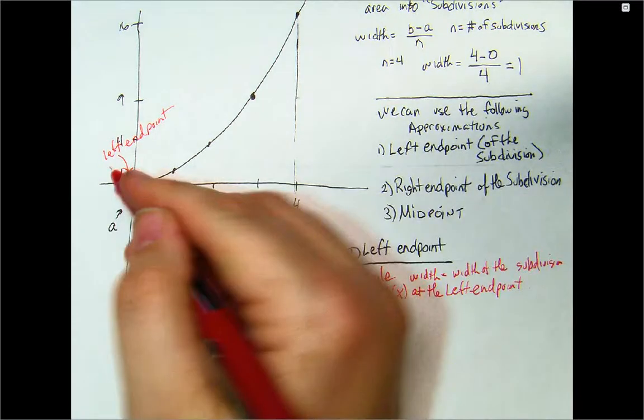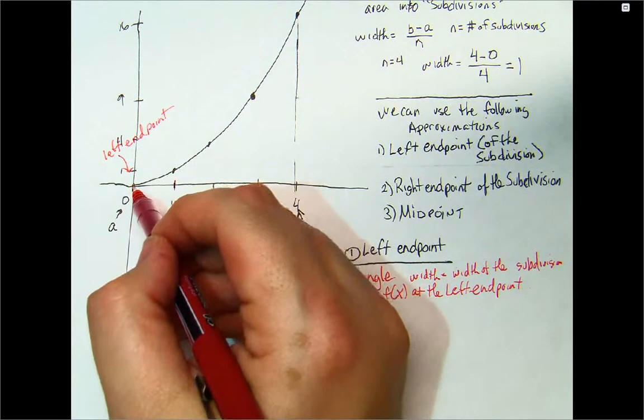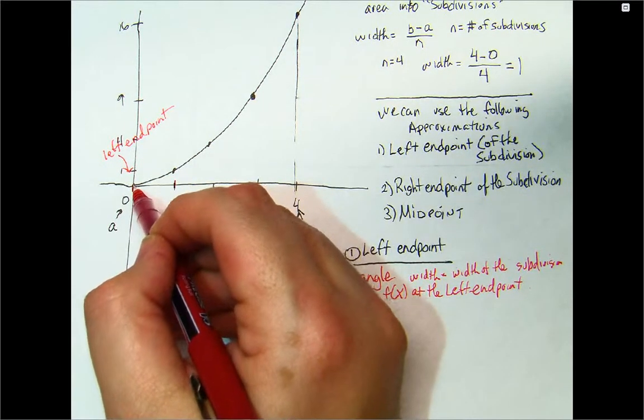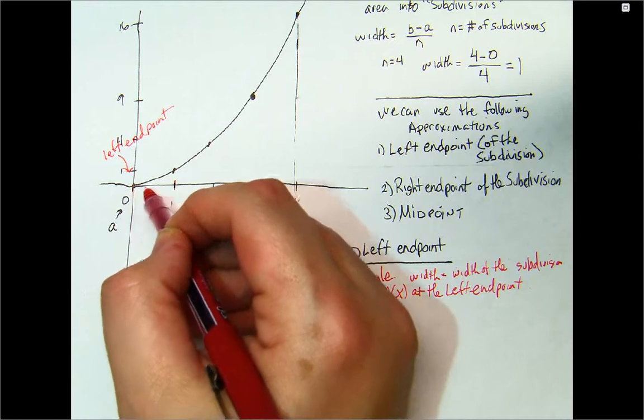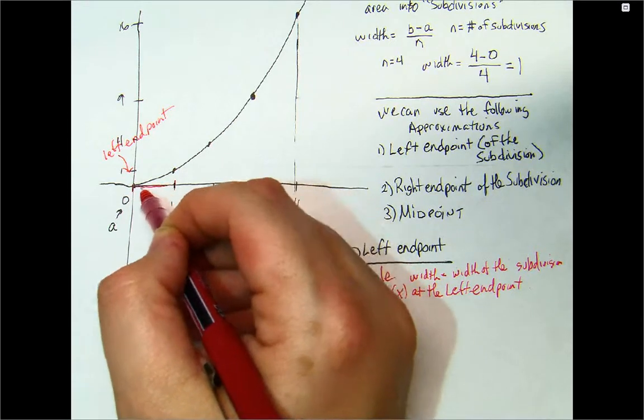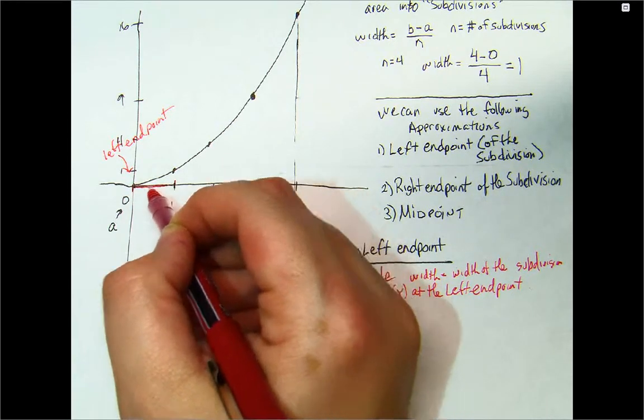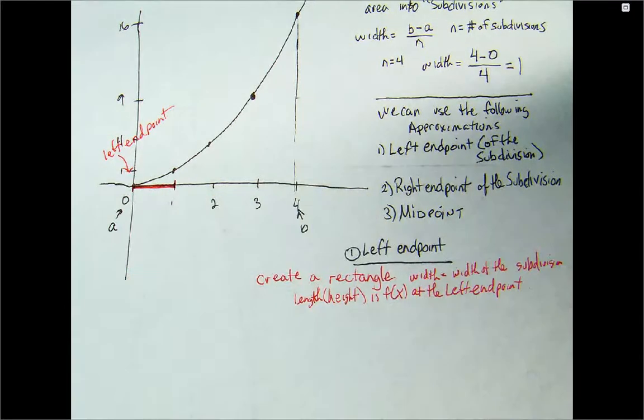What's my value of the function at the left endpoint? 0. So there's my rectangle. It's not a very good rectangle, but it's a rectangle nonetheless.